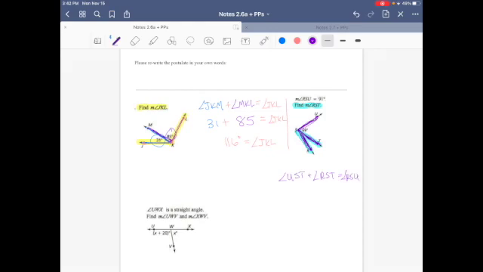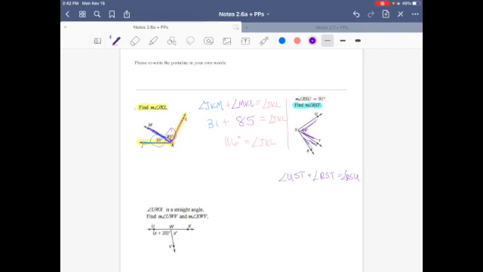So that's the big idea. We've got two smaller angles. I'll erase all this so we can see it. I've got two smaller angles. This one here, UST, plus this one here, which is RST, right?